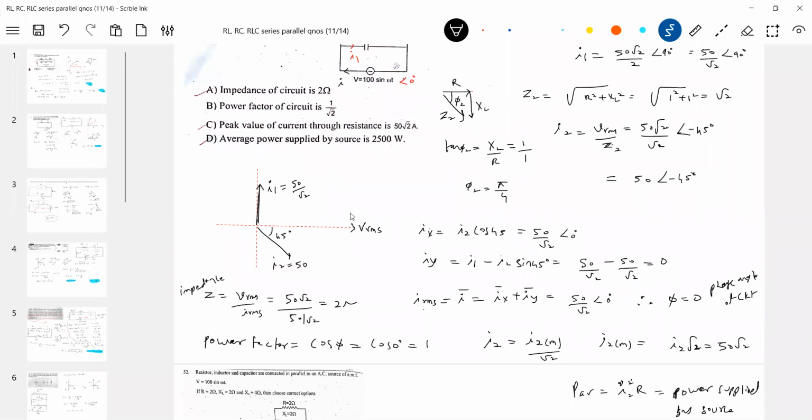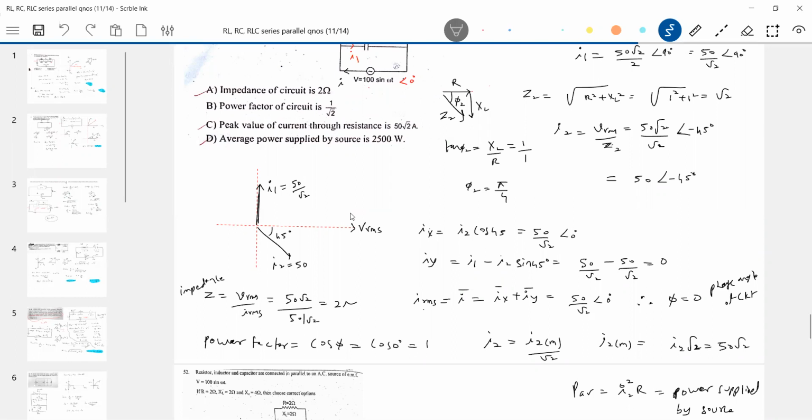Apparent power, reactive power, and resistive power will be there. The resistive power is what? The power supplied by the source. Okay, clear, no? The resistive power is the power supplied by the source here. So I2 square R should be taken, not VRMS into IRMS.